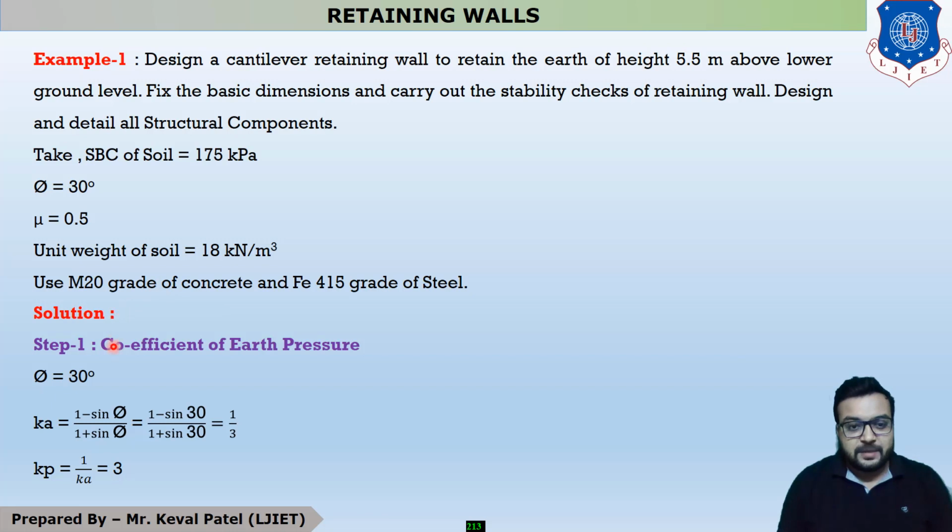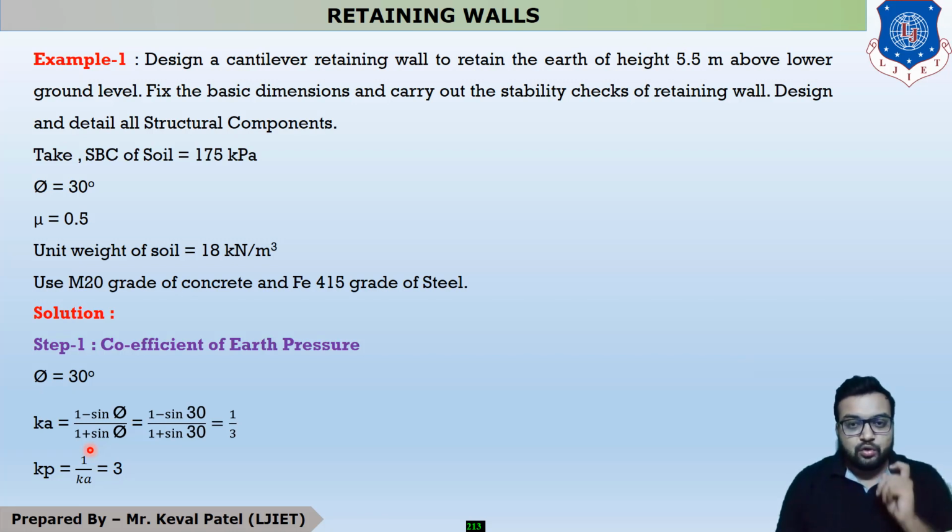So first of all, our step number 1 is to find out coefficient of earth pressure. So what is the equation of coefficient of active earth pressure? The active earth pressure's equation is Ka = (1 - sin phi) / (1 + sin phi). So you all know that in the question it is clearly mentioned that the value of phi, the angle of repose, is 30 degree.